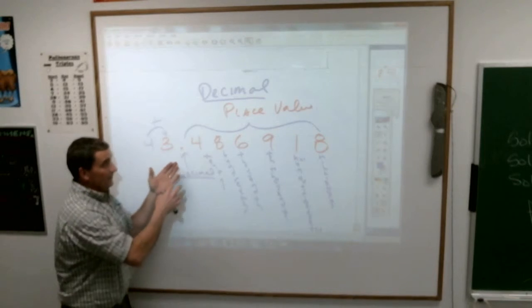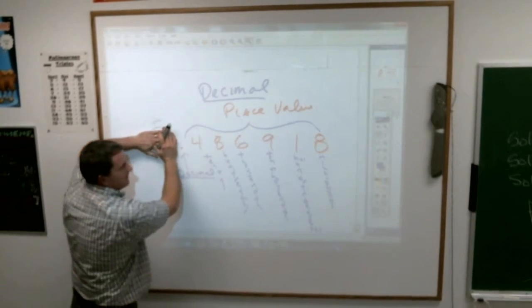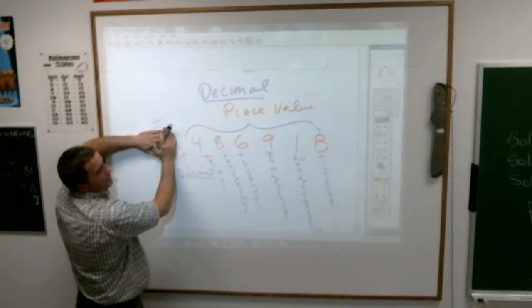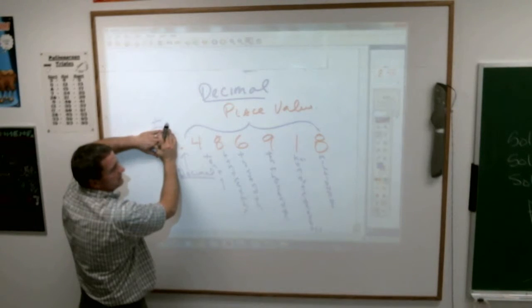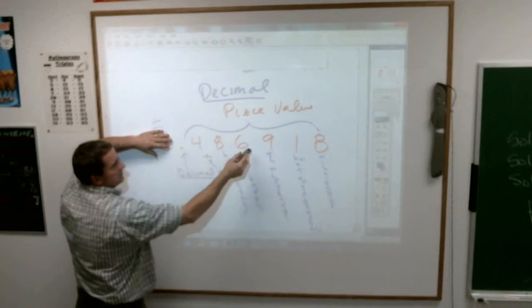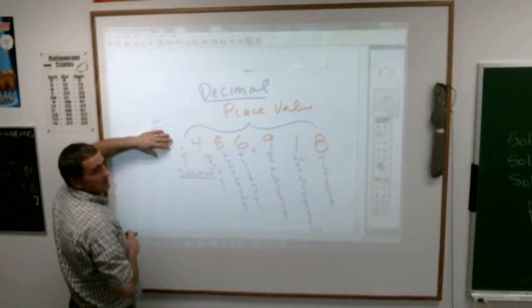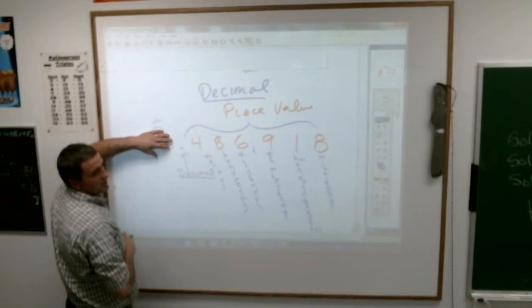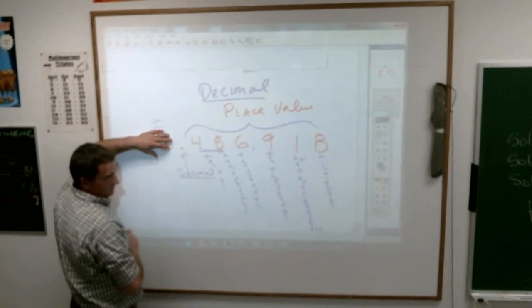In other words, if I covered this up and said, here, I'm going to give you 486,918 millionths of a dollar, how much would that be? A little over 48 cents.